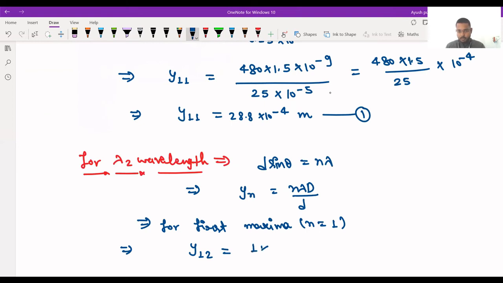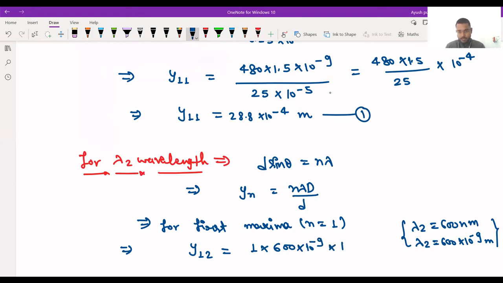Great. And I will put n is equal to 1 and lambda here is 600 because lambda 2 is 600 nanometer. If I have to convert it into meter, then it will be 600 into 10 to the power minus 9 meter. So put the value of lambda 2 in meter.